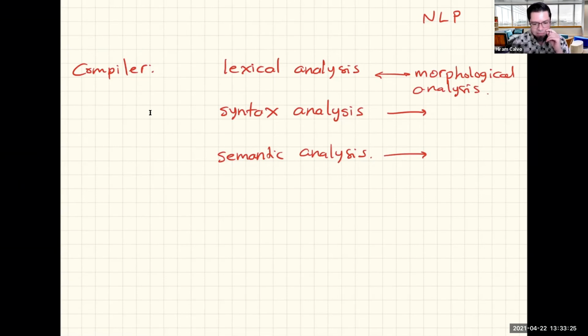And of course, in Spanish it is much more complicated because there are a lot of ways of conjugating jugar. Yo juego, tú juegas, él juega, nosotros jugamos, ustedes juegan, etc. So that conjugation is also a morphological analysis issue.